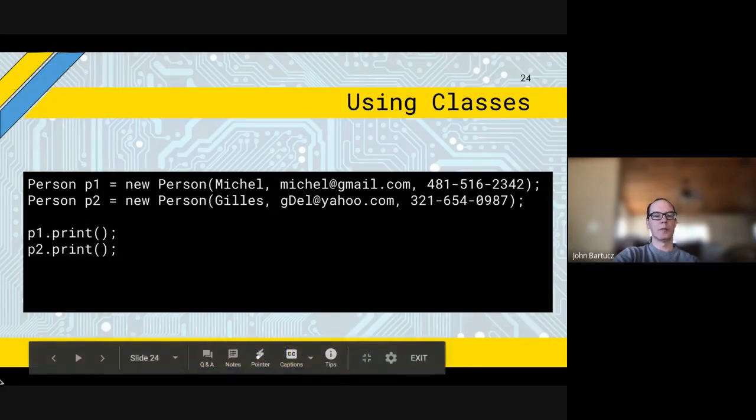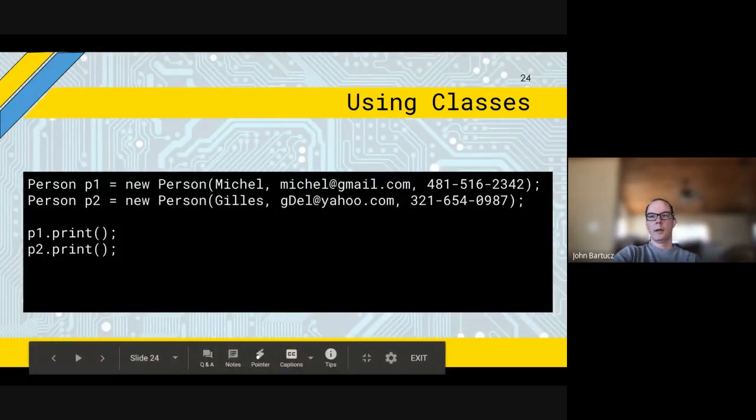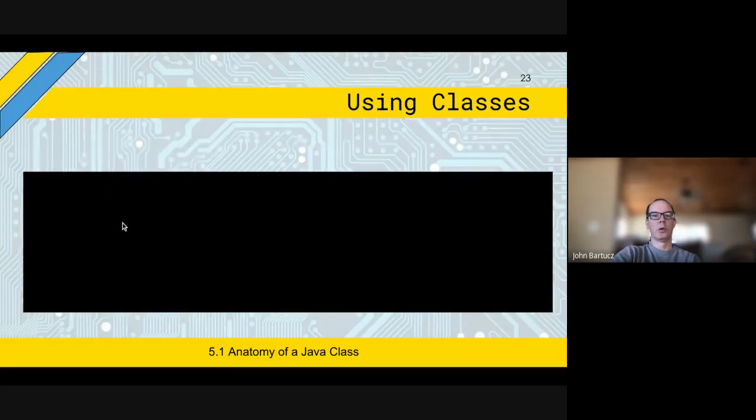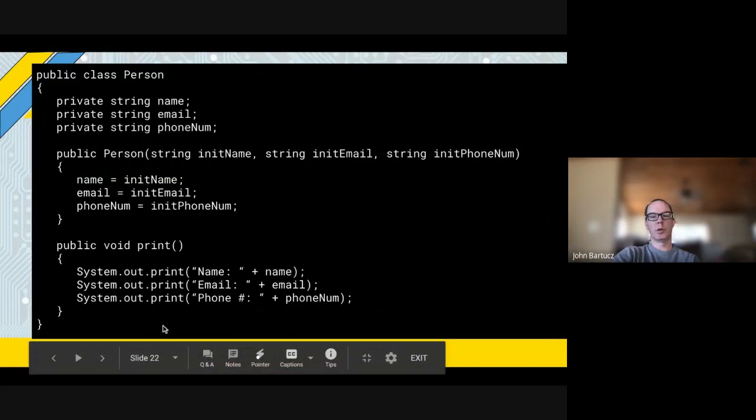I'm going to make a note of that. And we can call the print method. So those are the only things we can do with our class right now. We can create a person using the constructor in the middle, and we can print out their details with the print method.